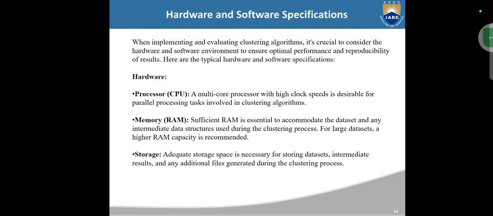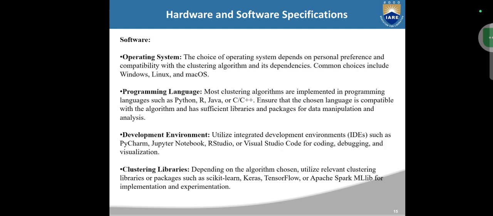Storage: adequate storage space is necessary for storing datasets, intermediate results, and any additional files generated during the clustering process. Software operating system: the choice of operating system depends on personal preference and compatibility with the clustering algorithms and their dependencies. Common choices include Windows, Linux, and macOS.